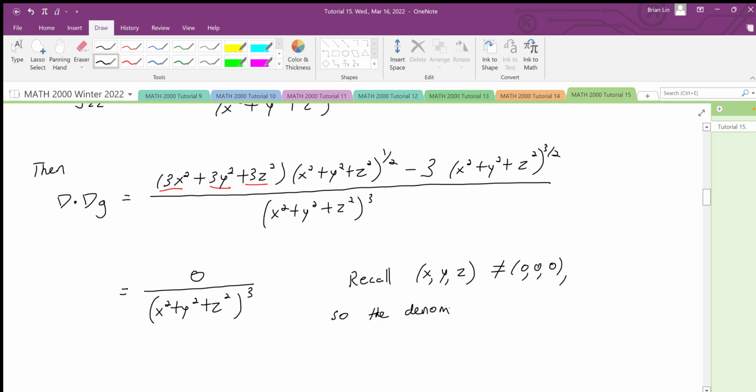The denominator here is acceptable. So this is equal to 0. And that's it for question B.